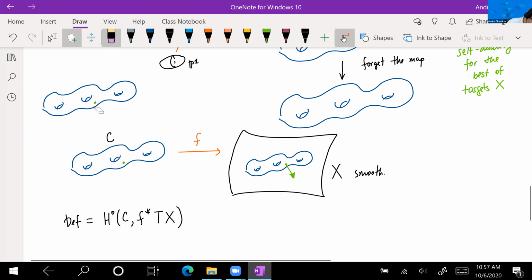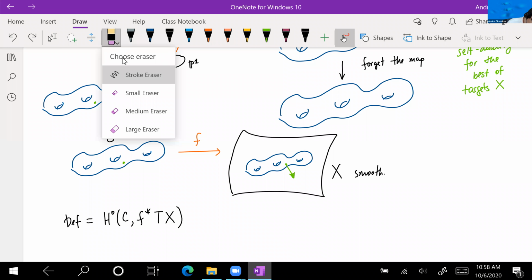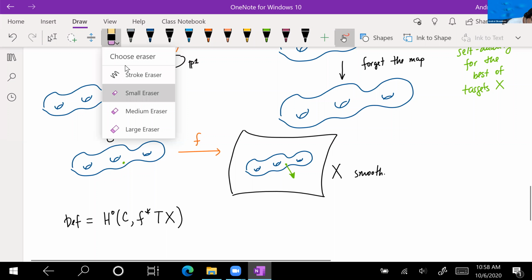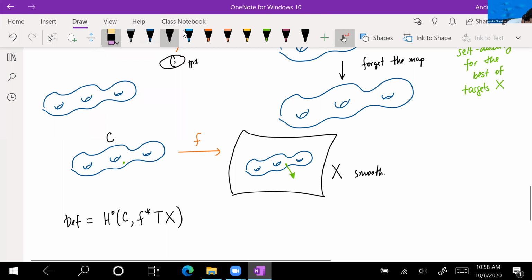If I take my curve, and I remove a point, so I can choose some point, my curve's fixed, so I might as well fix a point on it. So it's C minus a point.